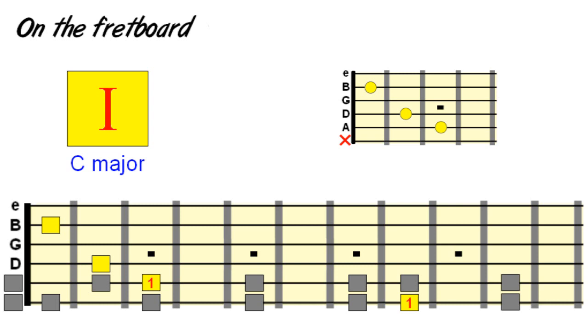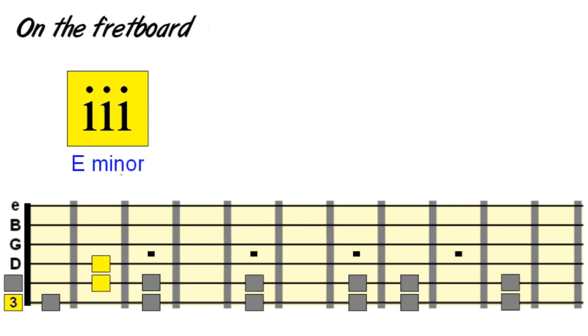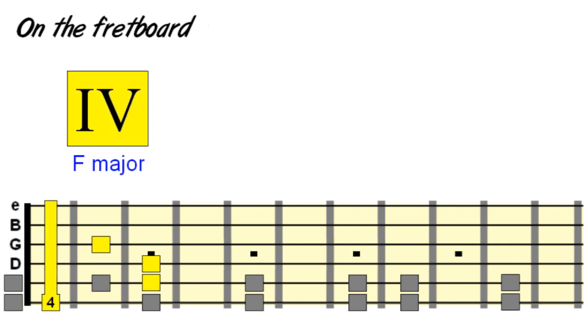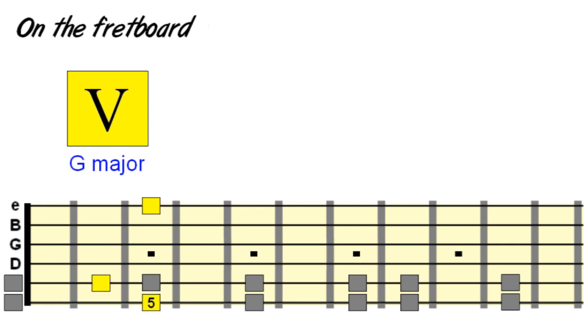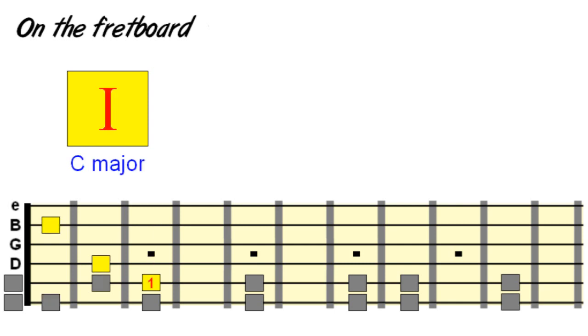Continuing from there, D minor as the 2 chord, E minor as the 3 chord, F major as the 4 chord, G major as the 5 chord, A minor as the 6 chord, B diminished as the 7 chord, and then back to C major.